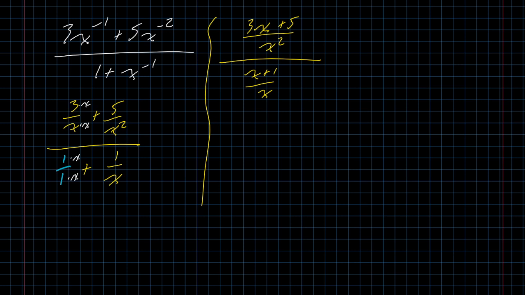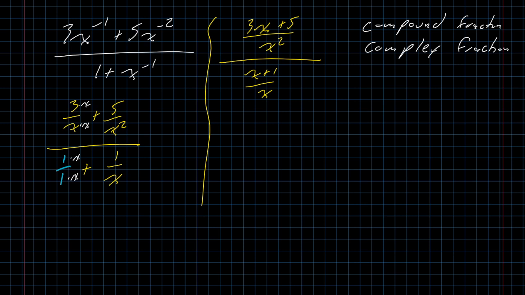One of the things that I want to point out here is that this form of a fraction which has fractions in it is called a compound fraction, or sometimes a complex fraction.